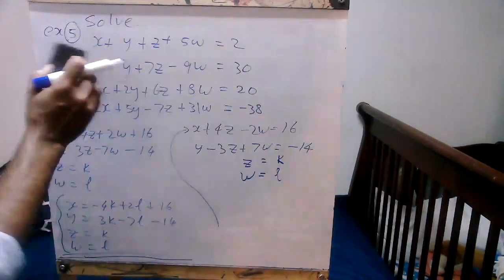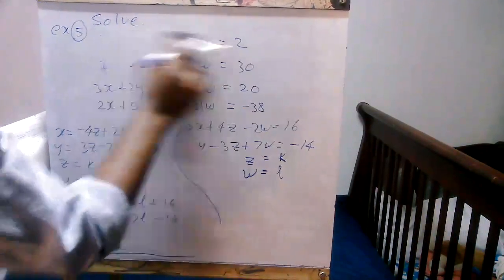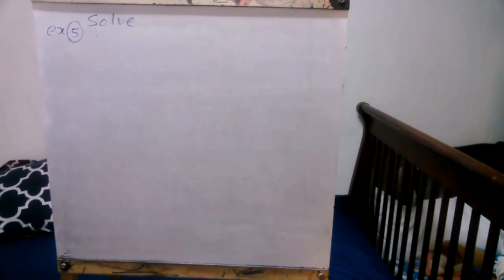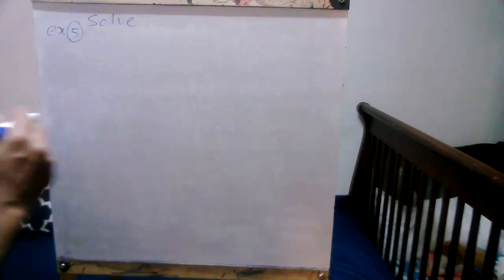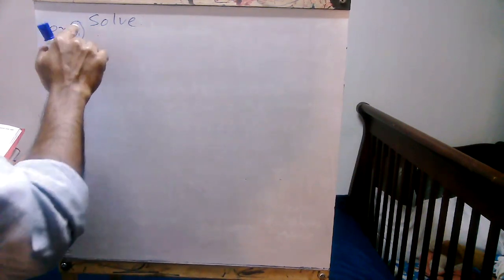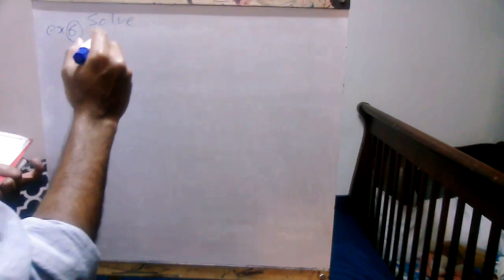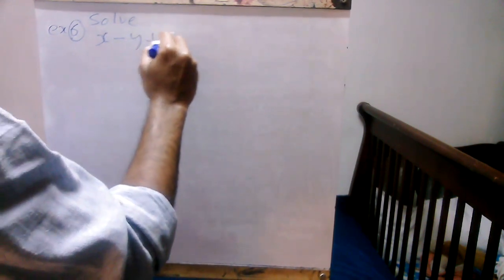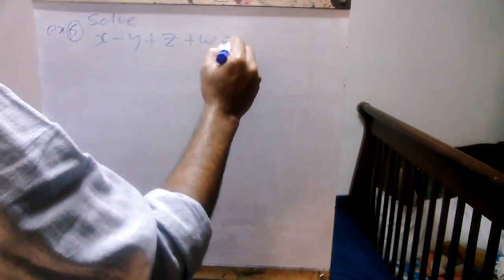Let's do this one. Changing this to 6. We get x minus y plus x minus y plus z plus w equal to 6.